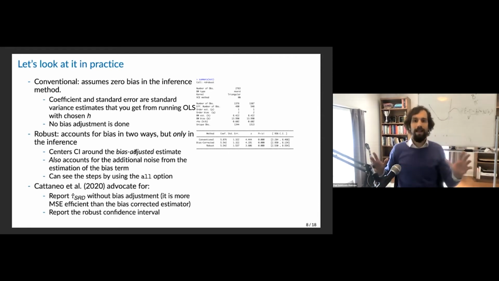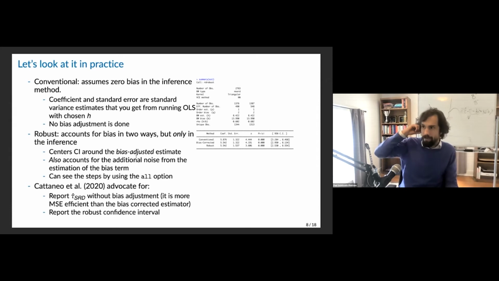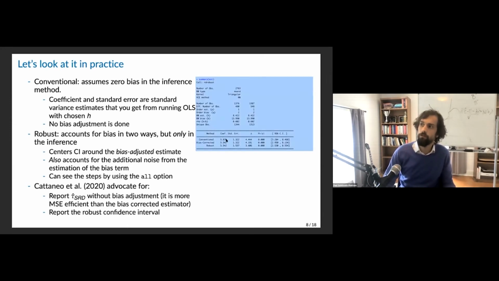So that is all to say, I want you to understand all the pieces, because what's confusing about this package is it just gives you a lot of different things. And then you're like, well, which estimate am I supposed to use? So what the Cattaneo et al. handbook is advocating for is that you should report the conventional coefficient estimate.